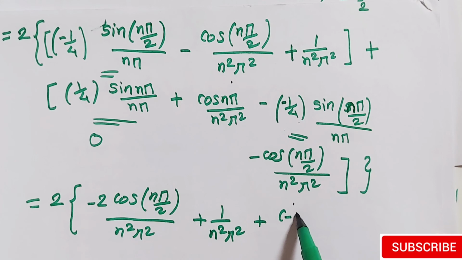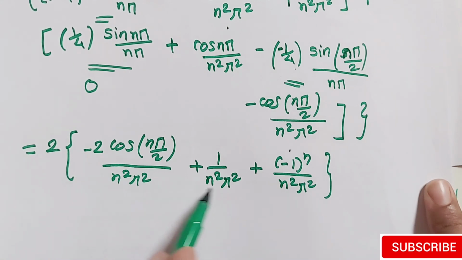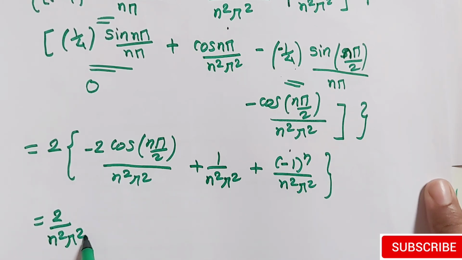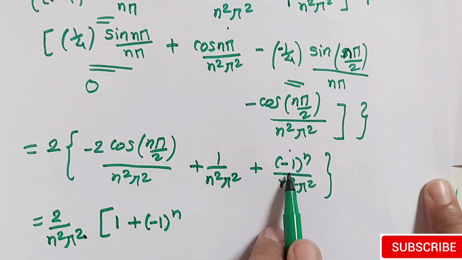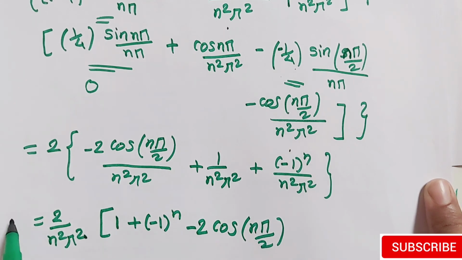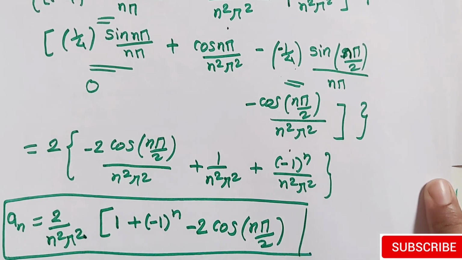Cos n pi is (−1) raised to the power n, over n square pi square. So from these terms 1 upon n square pi square we can take outside. So 2 divided by n square pi square is outside. Remaining is 1, this 1, then plus (−1) raised to the power n, and here minus 2 times cos n pi by 2. So this is the value of a n.